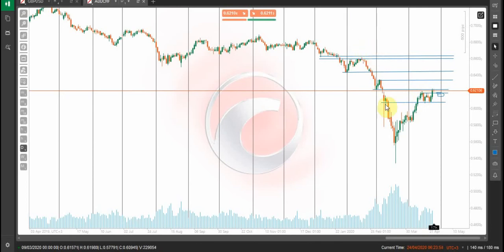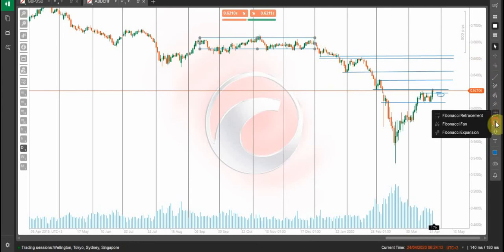If we're going to count the movement, we can start counting right here because this area is a balance area from here going here. This is quite a strong move from here.